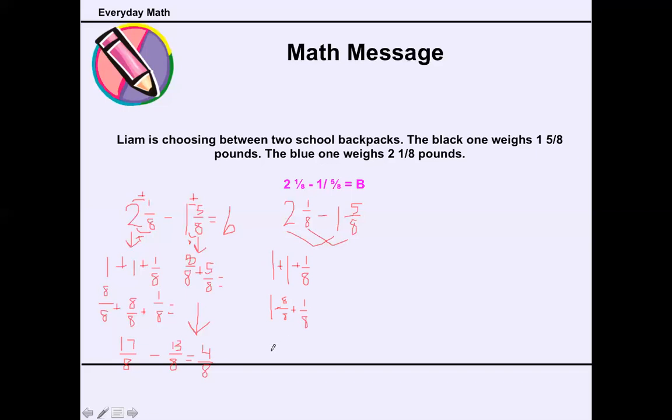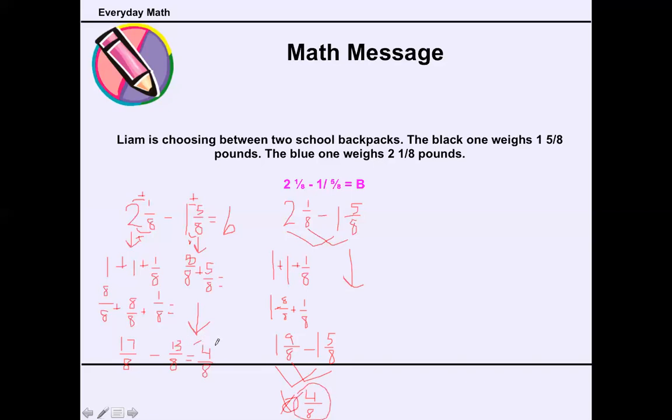So 2 1/8 is also equivalent to 1 and 9/8. And then I'm going to drop this down. Minus 1 and 5/8. So now I can easily subtract my whole numbers. 1 minus 1 is 0. Then subtract my fractions. 9 minus 5 is 4. And then I always keep my same denominator, 8. And remember, we don't need this 0 if it's our whole number. So my answer is 4/8.